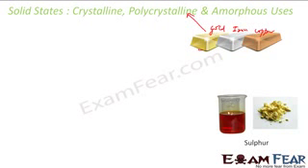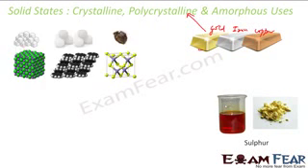The sulfur exists in all three forms actually. So we'll talk about that. And if you talk about sodium chloride, this is my sodium chloride. This is naphthalene. And this is my zinc sulfide.